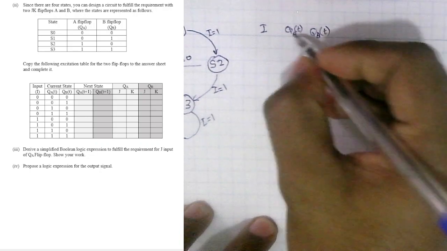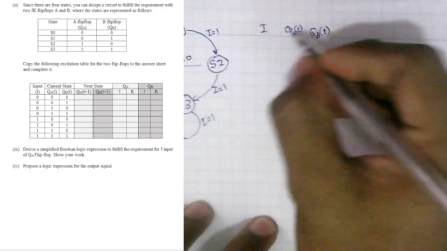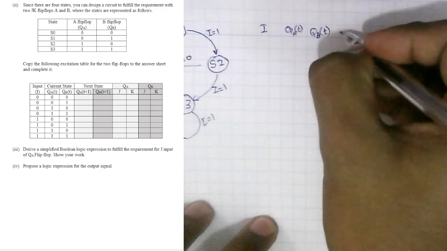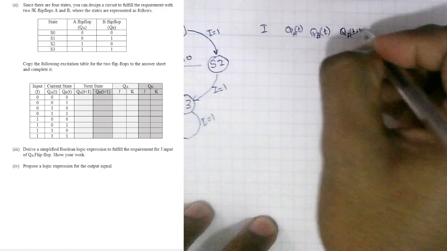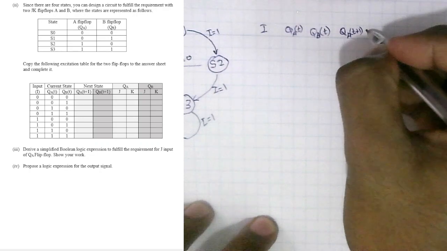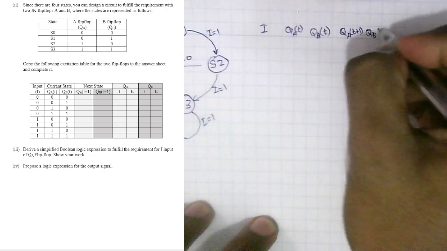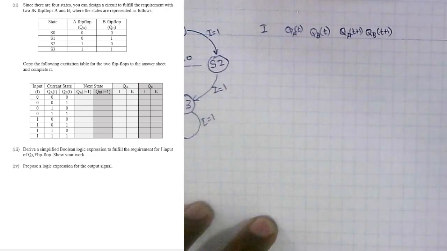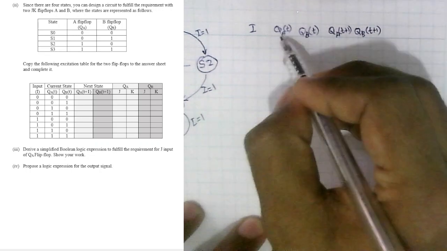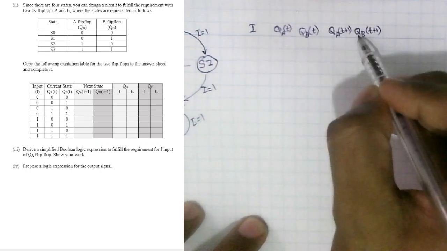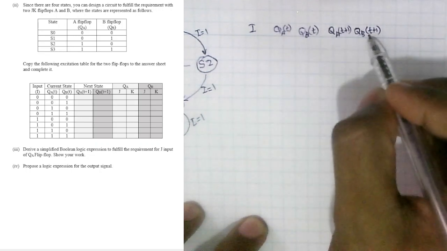Now there are two flip-flops. Each one of these needs to have a next state, right? QA at T plus 1 and QB at T plus 1. Okay, so for each of these transitions, QA will be going from T to T plus 1, QB will be going from T to T plus 1.